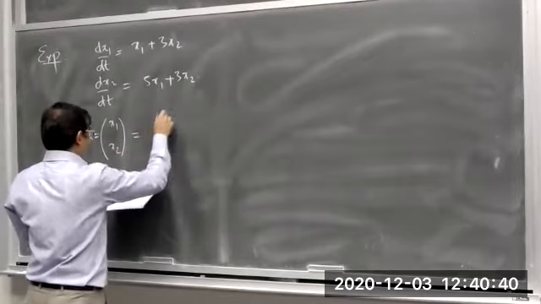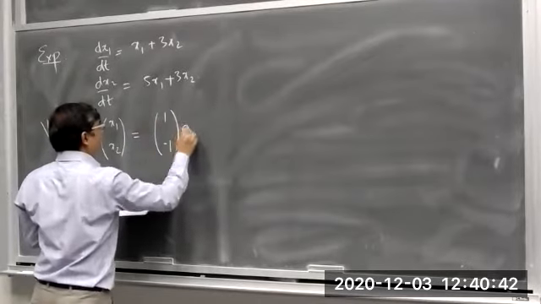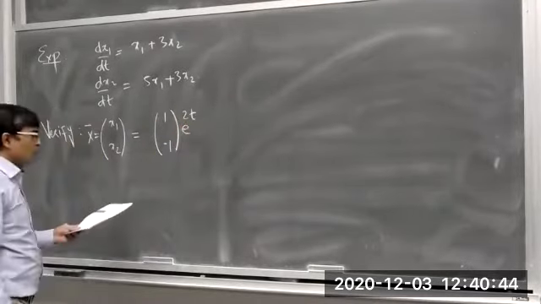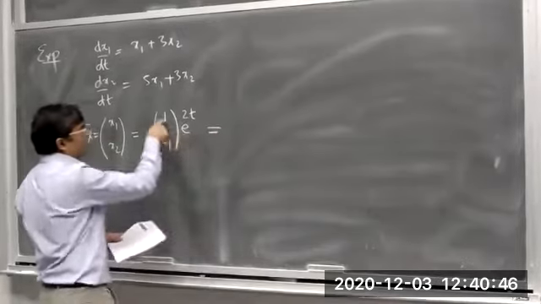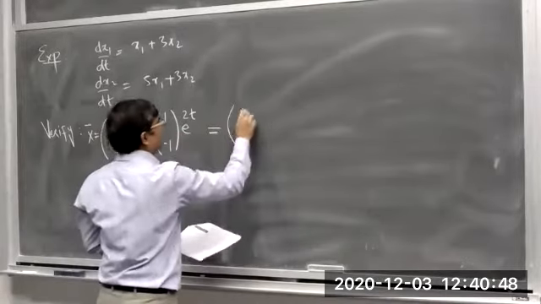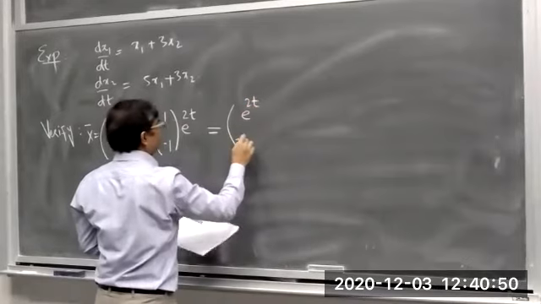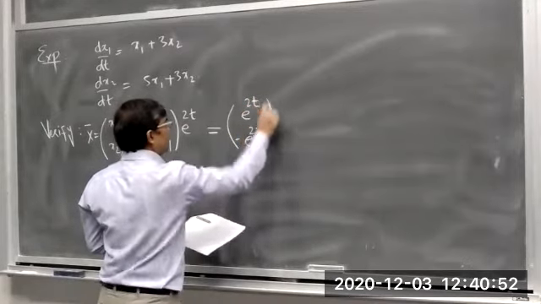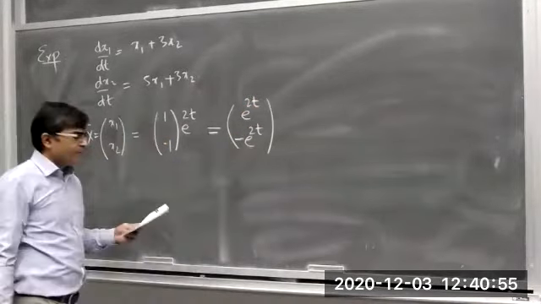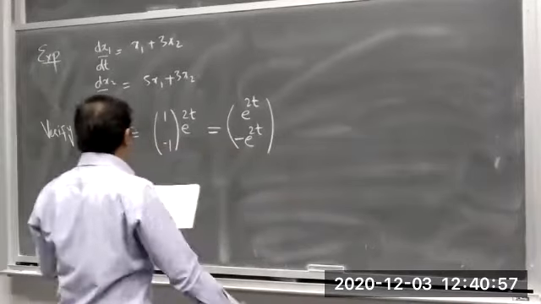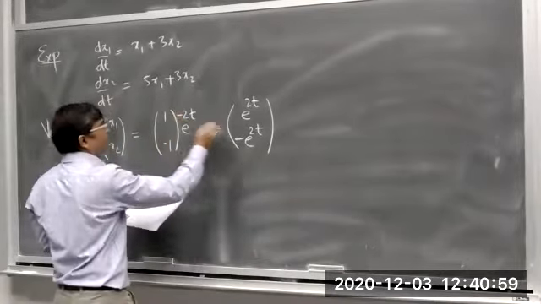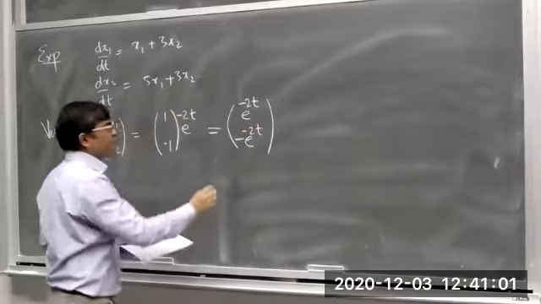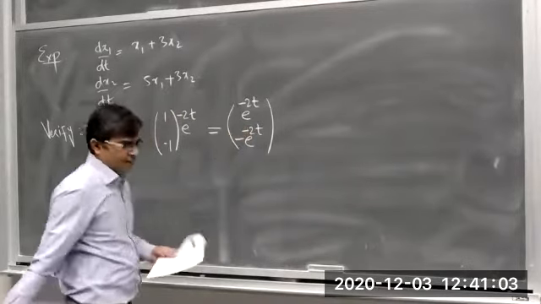It is (1, minus 1) times e raised power 2t, or we can multiply this inside and we get e raised power 2t and negative e raised power 2t. Okay, so this is negative e raised power minus 2t here. Minus, minus, minus, a minus in the power.